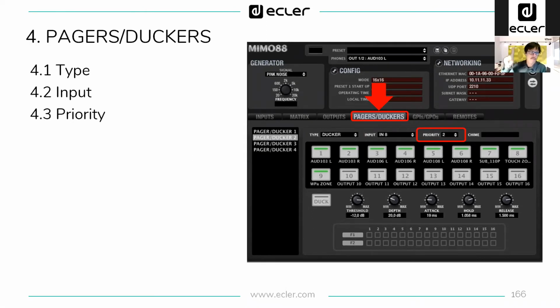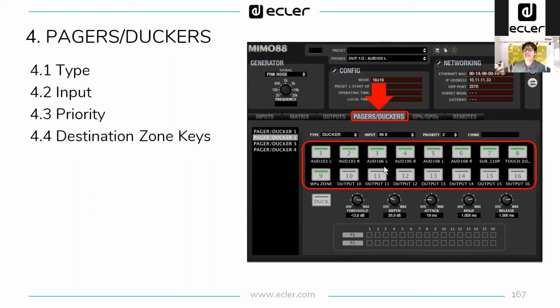So it has top priority, and number 4, in this case, will have less priority than number 1. And here, in the case of the Docker, you decide where to route the signal. So in this case, it will be routed from output 1 to 9.